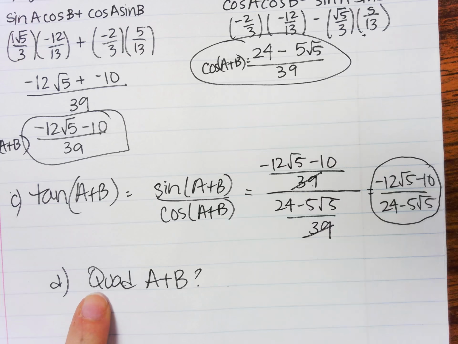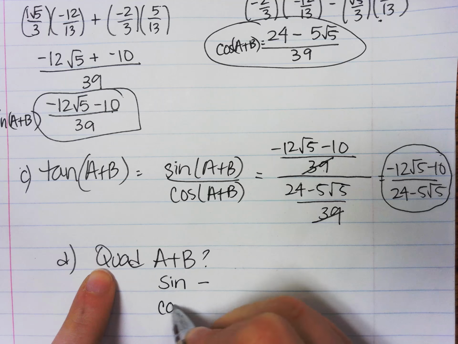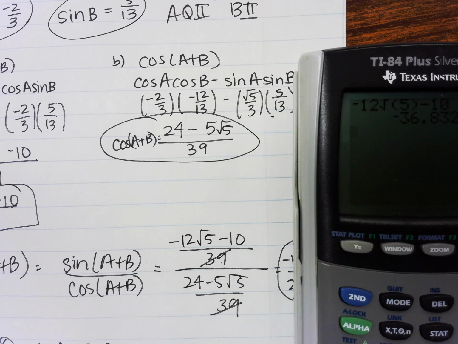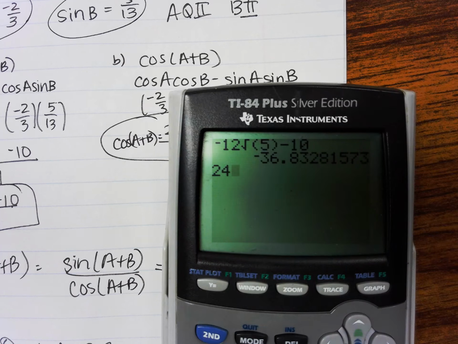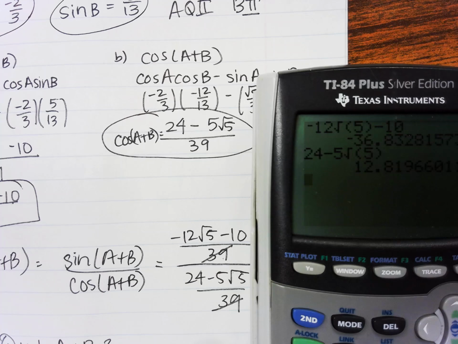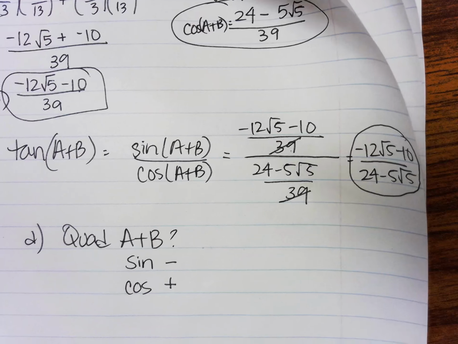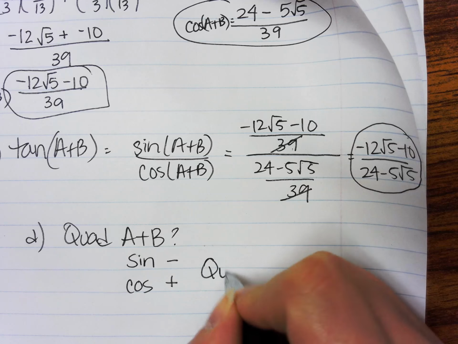So our sine value, just going to make a note, our sine value is negative. We're going to find our cosine, so this would be 24 minus 5 root 5, and then we would divide it by 39, so this is going to be positive. And that tells us right now, sine's negative, cosine positive, this is quadrant 4.